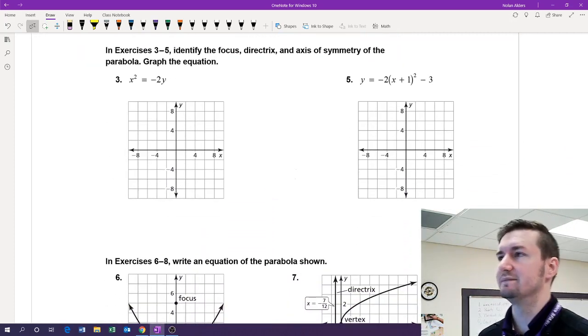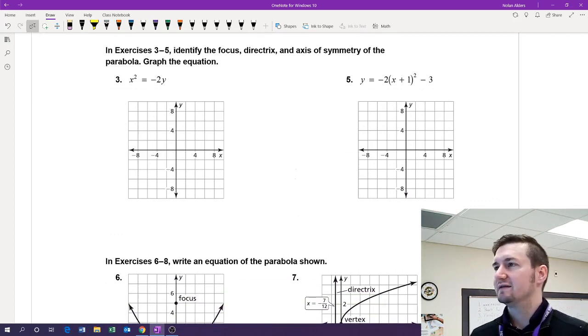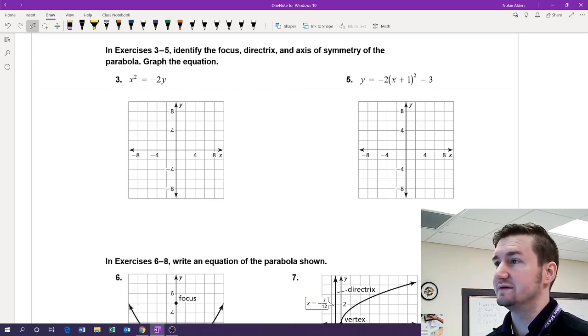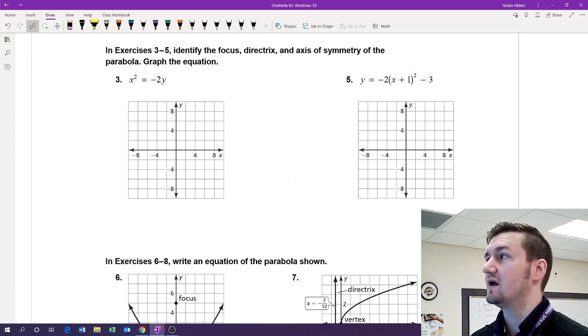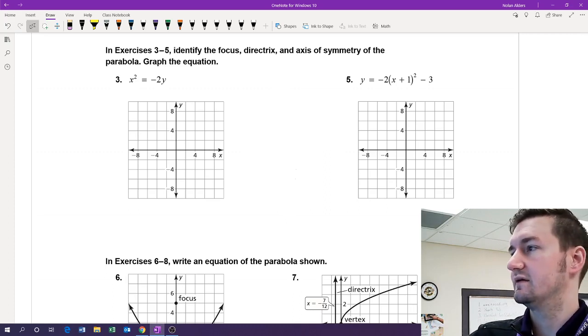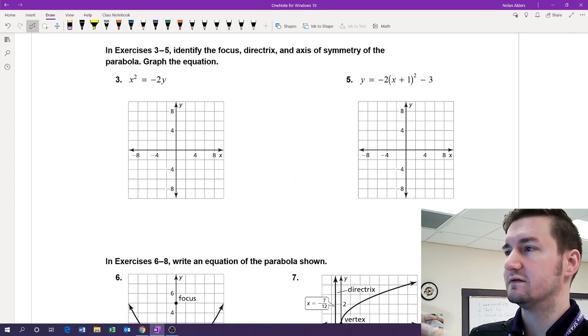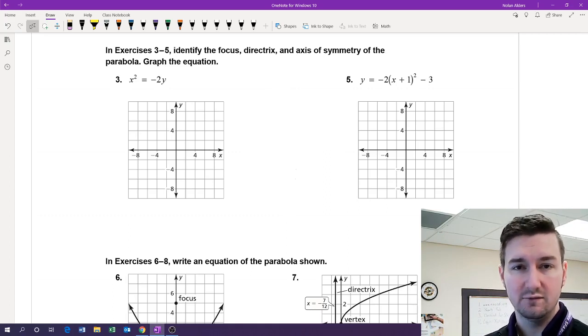All right, now on these problems, we're going to identify what is the focus, the directrix, and the axis of symmetry, and then we're going to attempt to graph the equation. All right, so to do this, we should solve this for y first because we need it to be in the right format where it's y equals.